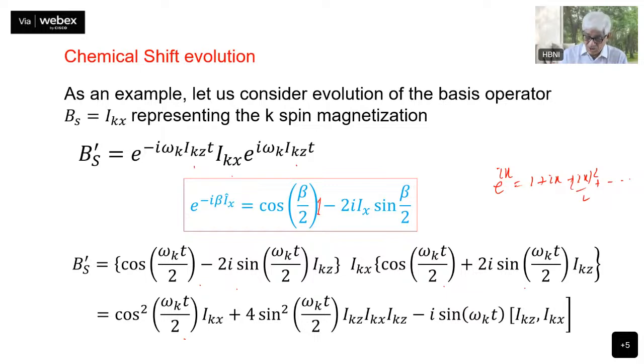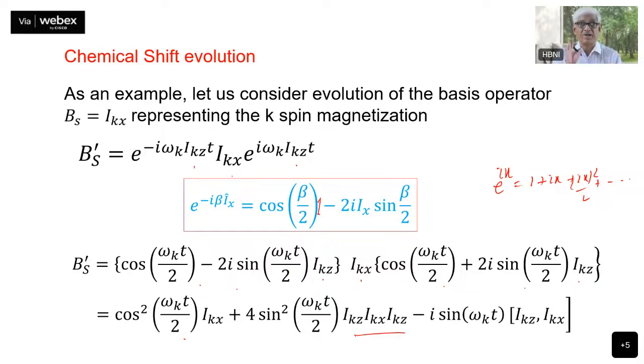But now I cannot move around the operators. So the kz and the kx and the kz have to be maintained in the same order. They should remain in the same order. But the coefficient I can shift. The coefficient is sine omega k t by 2, and minus 2i into plus 2i gives me 4. Okay, the 4 sine square omega k t by 2, and kz, kx, kz I have to maintain in the same order.